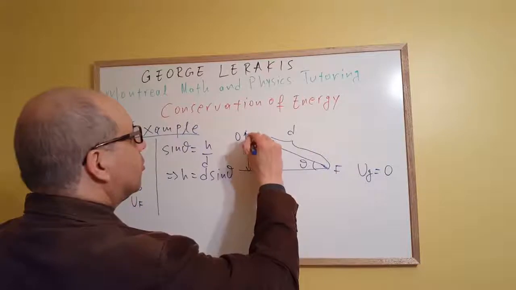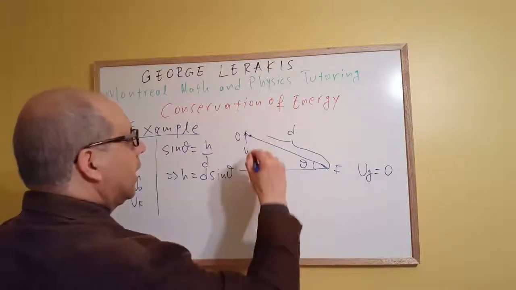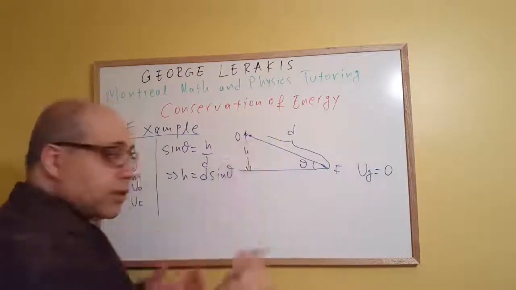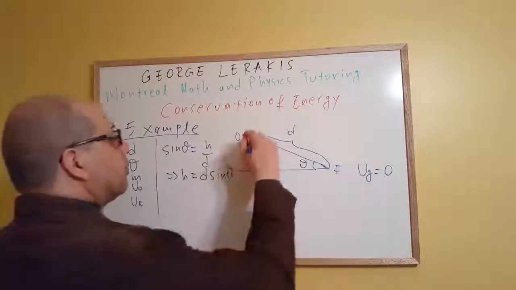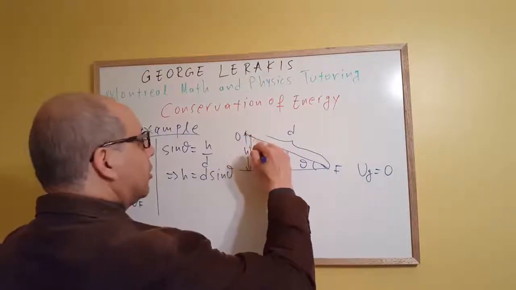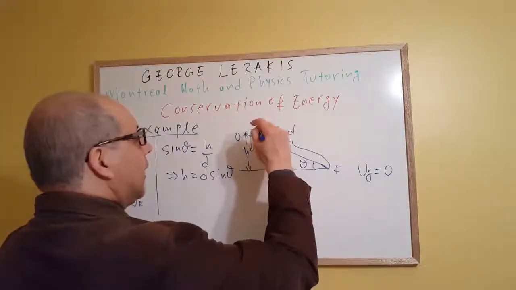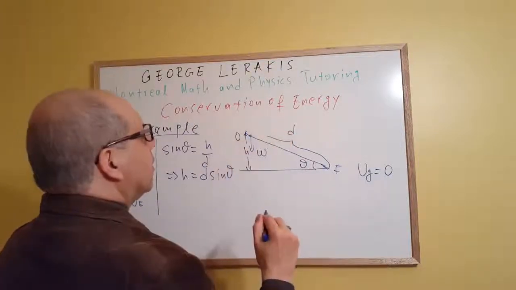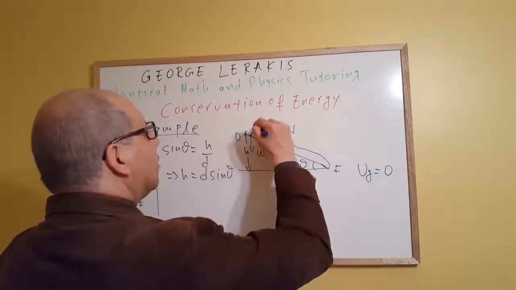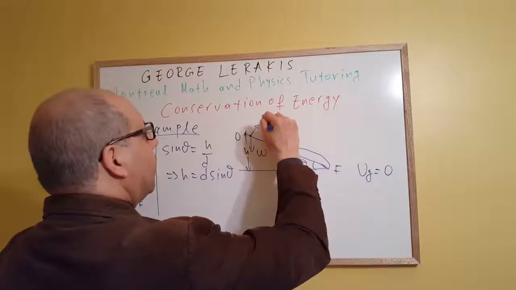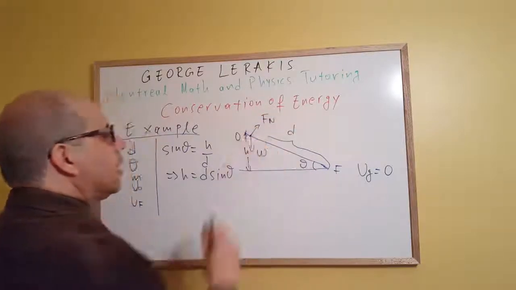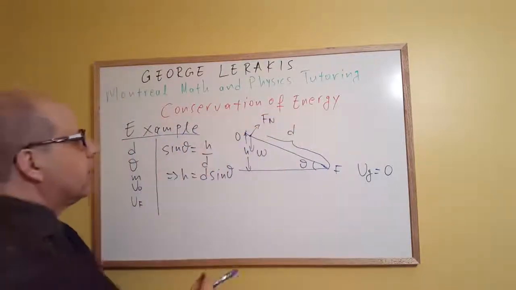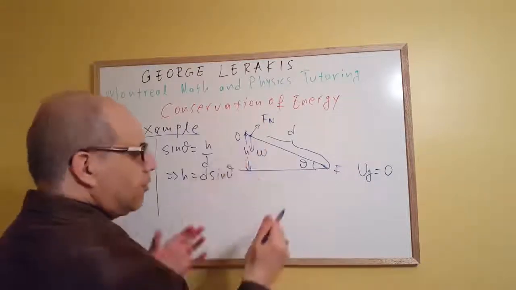So let's say here we have the guy. What are the forces that are exerted on the guy? It's the weight, of course, which is W. And of course you have the normal force from the incline to the guy, and the force of friction.